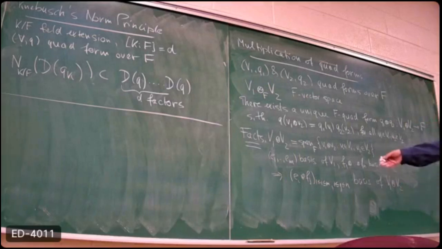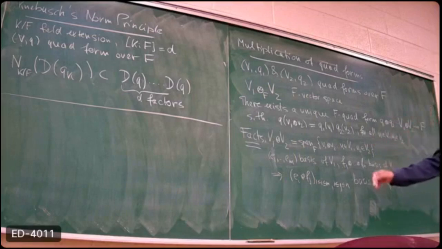So you know now what the dimension is. The dimension of this tensor product is just the product of the dimensions: m times n.